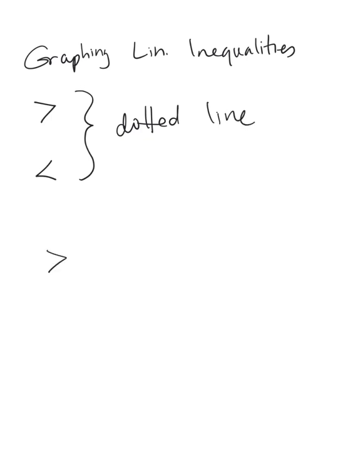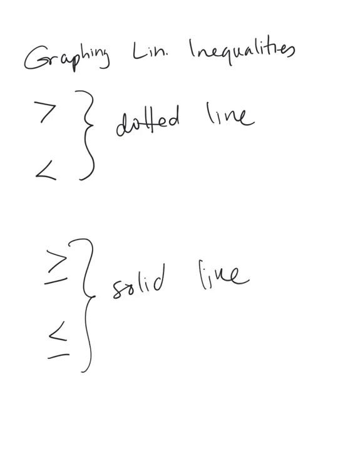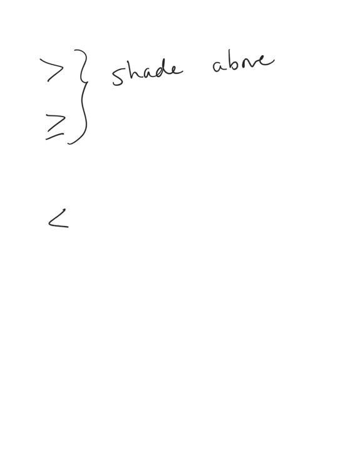If we have greater than or equal to or less than or equal to, it is a solid line. If you have greater than or equal to, you shade above. If you have less than or equal to, you shade below.